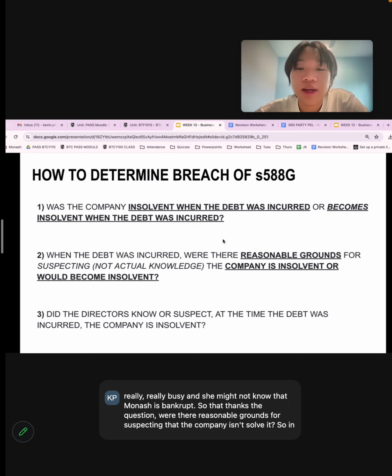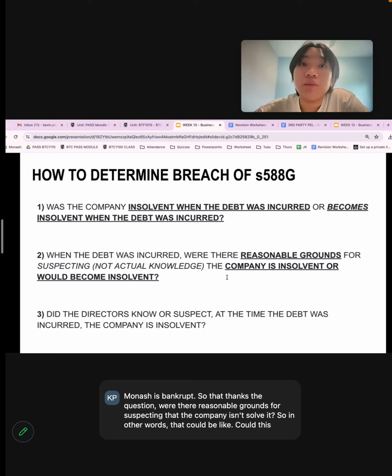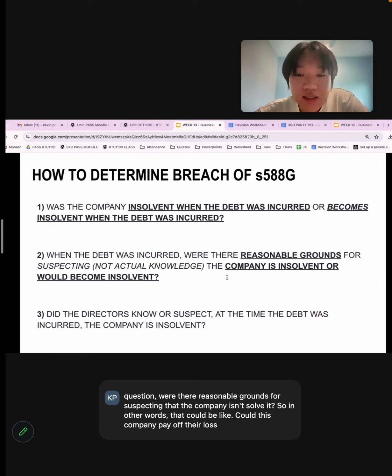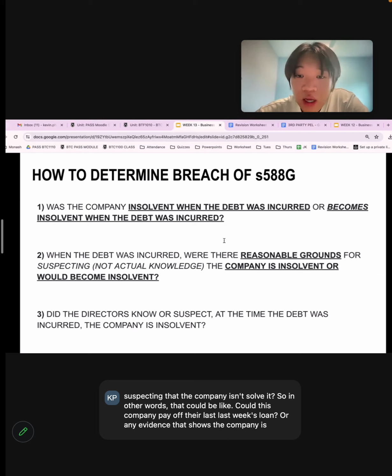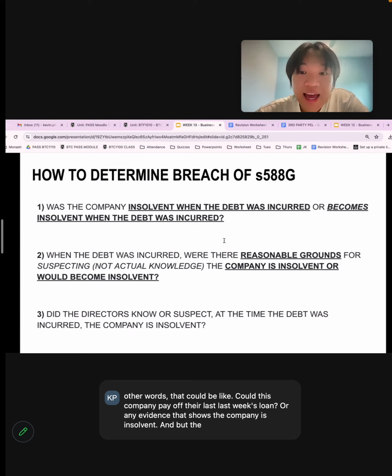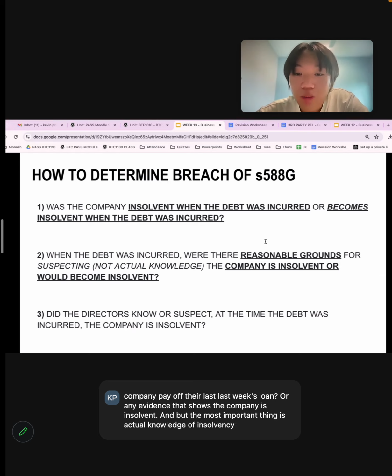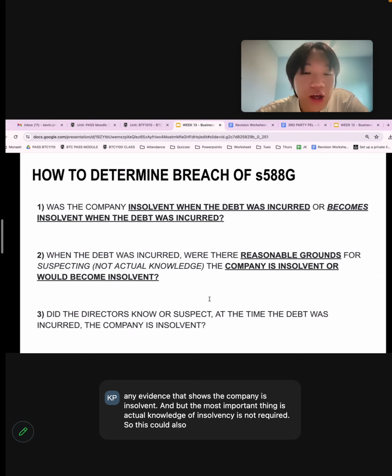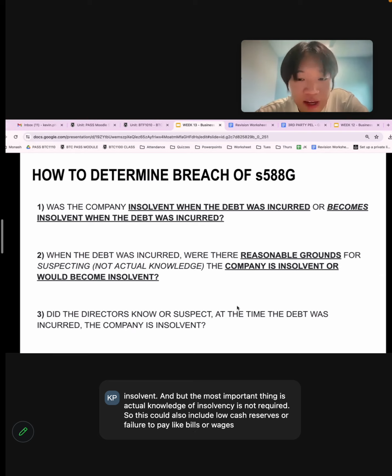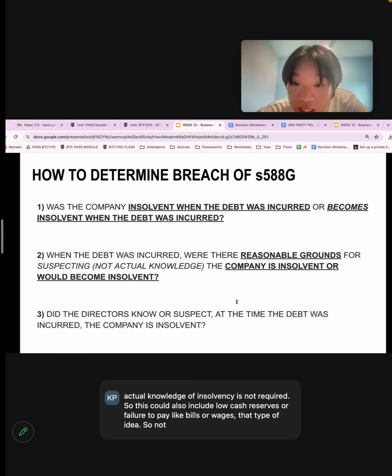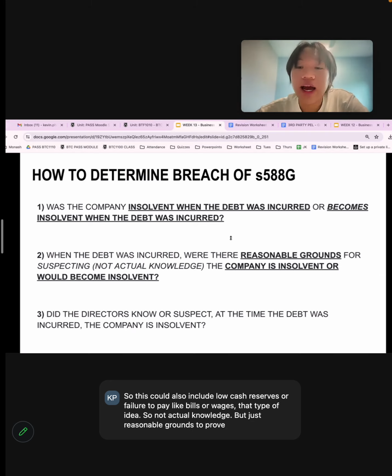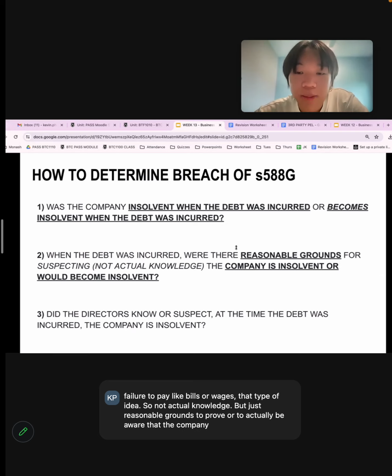In other words, could this company pay off last week's loan? Or is there any evidence that shows the company is insolvent? But the most important thing is actual knowledge of insolvency is not required. This could also include low cash reserves or failure to pay bills or wages. So not actual knowledge, but just reasonable grounds to be aware that the company would become insolvent.